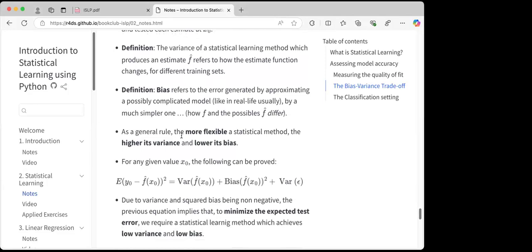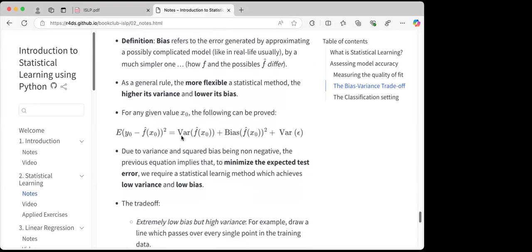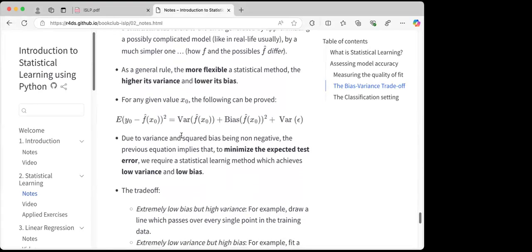As a general rule, the more flexible a statistical model, the higher its variance and the lower its bias, and the reverse also holds. For stricter models, we expect the variance to be low but the bias to be high. For any given observation, say x0, the following can be proved. The book didn't prove that.